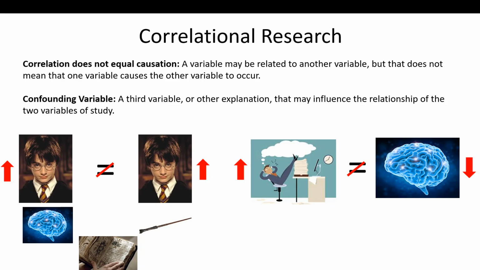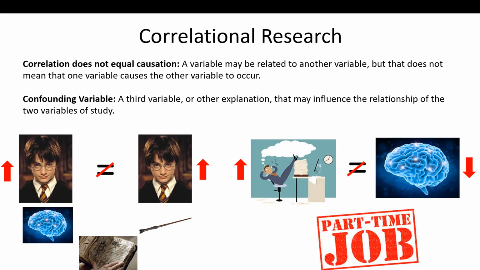The reverse may be true, such as the lack of knowledge in psychology makes you procrastinate more. Or there could be a confounding variable, such as working a part-time job, which may influence your knowledge of psychology. Therefore, it could be working a part-time job that hinders your knowledge of psychology.